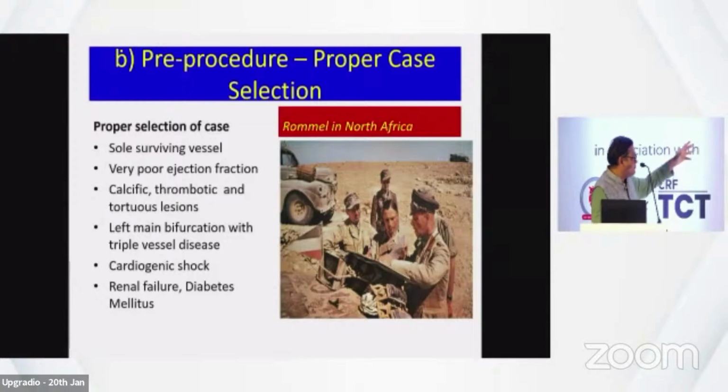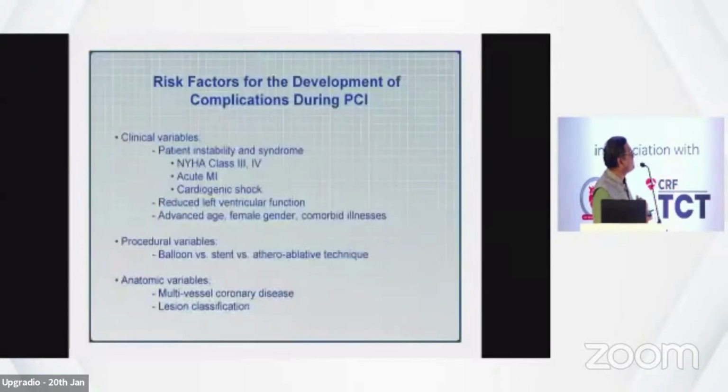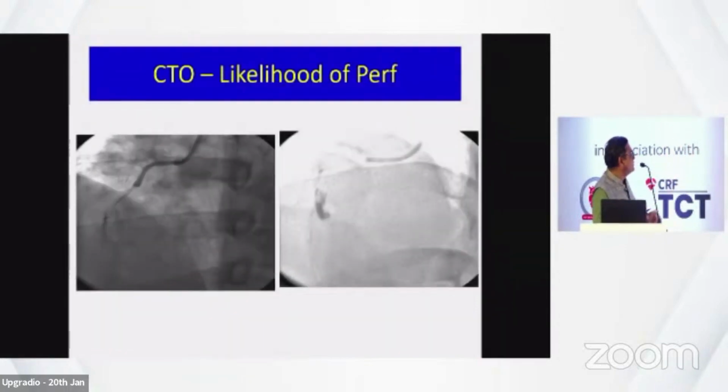Left main bifurcation with triple vessel disease, cardiogenic shock patients, or patients with comorbidities like renal failure and uncontrolled diabetes mellitus are all risk factors you need to know before taking up the case. And this is just a sample list of the risk factors, clinical, procedural, and anatomic, which give you an idea where complications can happen.